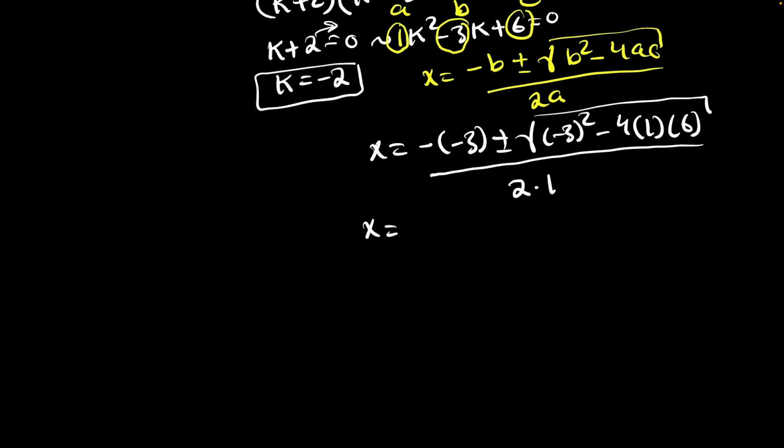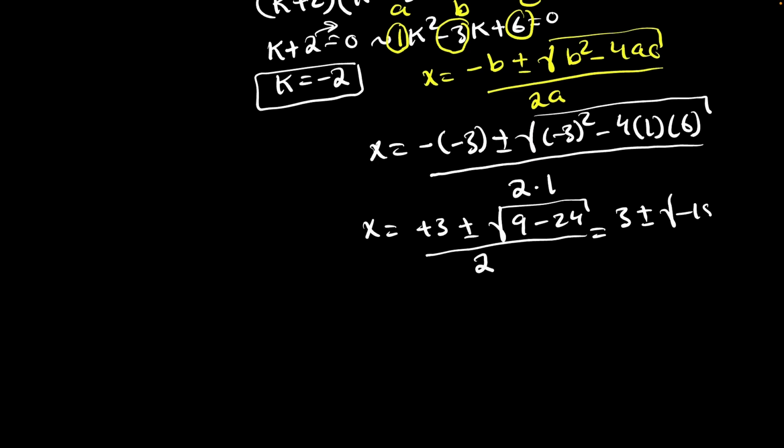x is equal to negative times negative 3, which is positive 3, plus or minus the square root of negative 3 squared, which is 9, minus 4 times 1 times 6, which is 24, over 2 times 1, which is 2. So 3 plus or minus the square root of 9 minus 24, which is minus 15, over 2. We can separate the square root of negative 15 into the square root of minus 1 and the square root of 15.